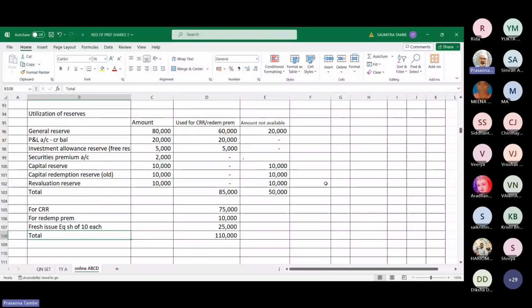Have you understood the working? Yes, sir. Okay. All of you write down now the working. I'll give you a couple of minutes for that, and then we'll start with the entries. Write down the working. Once you are through with that, please let me know.